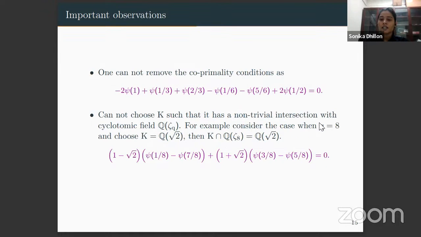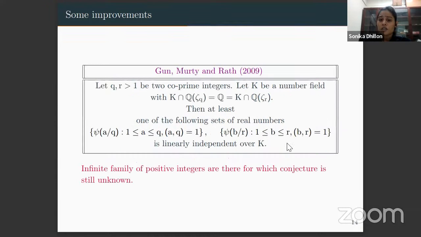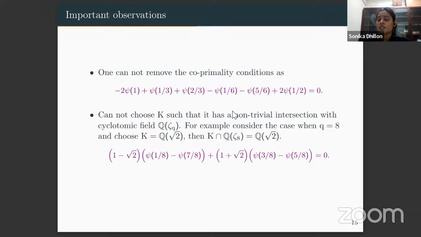Now, as we mentioned at the start, till now we are assuming that we are taking psi of a by q, where GCD of a and q is equal to 1. So why do we require this co-primality condition? What happens if we remove this condition?